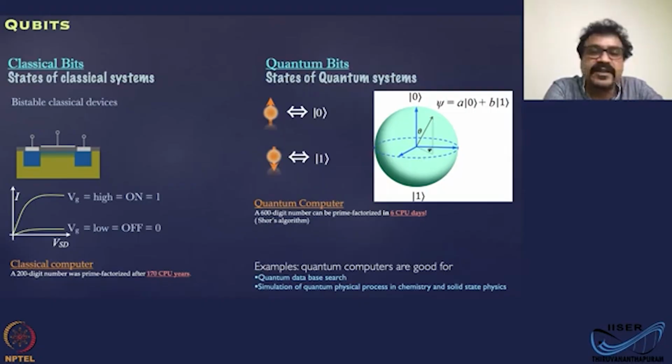These quantum bits are, in short, also called qubits. And how you define these qubits, there you also have a lot of options or approaches for a quantum computer. We will overview that in this lecture.